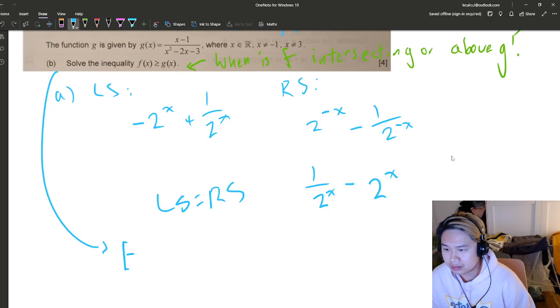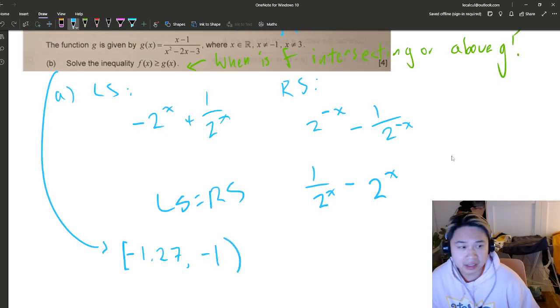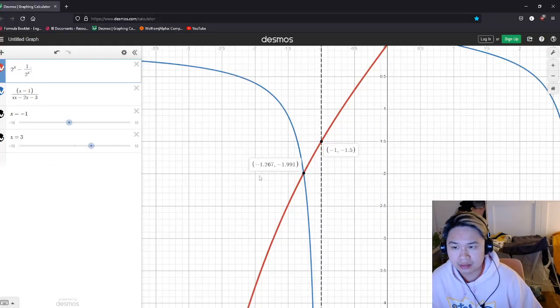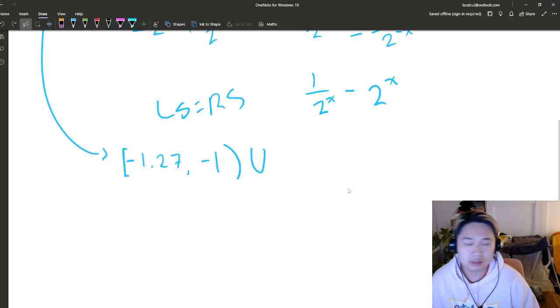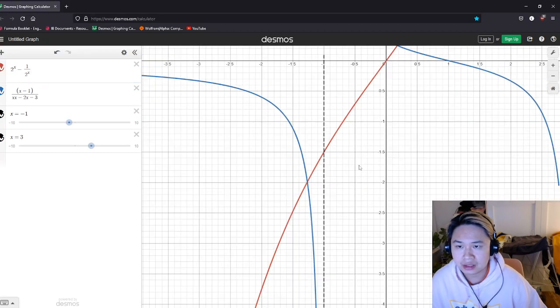So inclusive 1.27 to negative 1, exclusive, because we actually don't have a value for g here. And then we are going to combine that with our other ones. So I'm just going to union this with the other intervals.